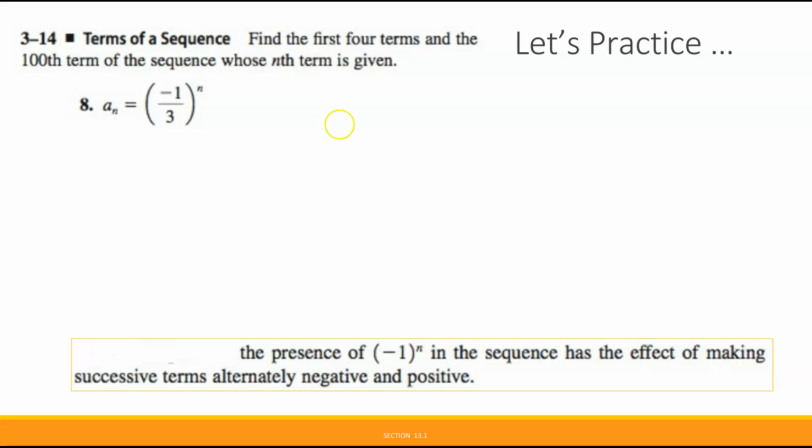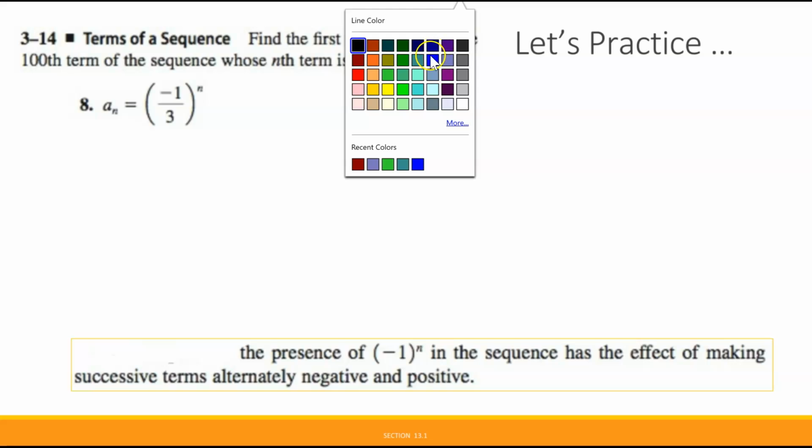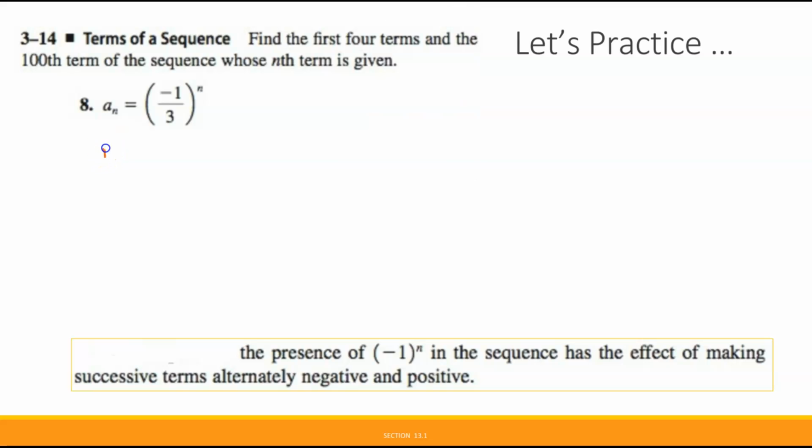Okay, find the first 4 terms and the 100th term. So I think by now we've got a better understanding of what these are. If they want the first 4 terms, start out by plugging in 1. So that would be negative 1/3 to the first power, which would just be negative 1/3. Move on to n equals 2.